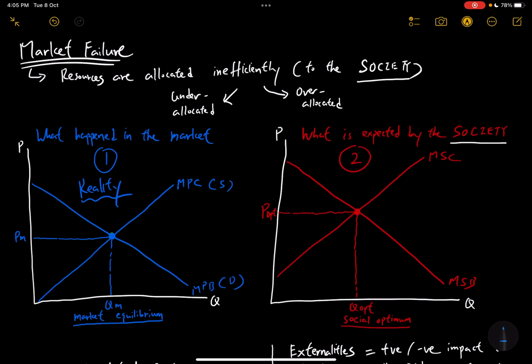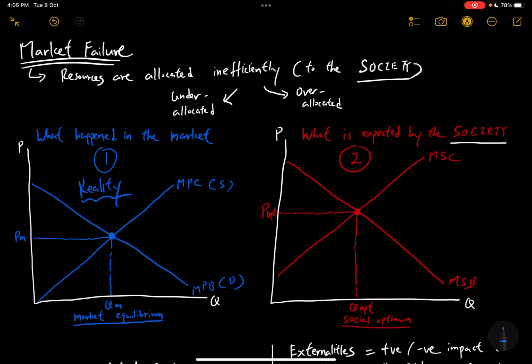If we talk about this good, what the society really wants is a price and also a quantity. So there is a price for our society and also a quantity for our society. When you look at the quantity for our society, there is another term. It's called social optimum.